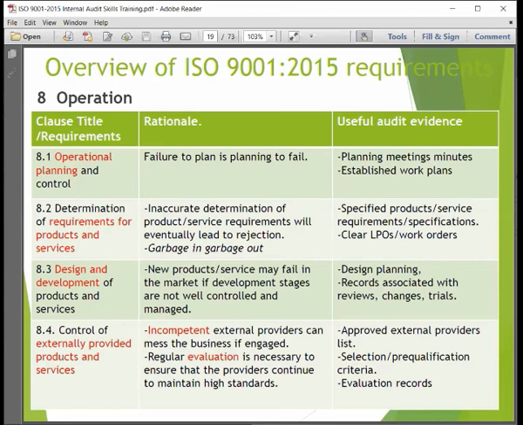Determination of requirements for products and services. The next thing is to determine requirements. How are the requirements determined? Because inaccurate determination of product and service requirements will eventually lead to rejection, especially like that example we were given, where you want to engage this person for the first time.